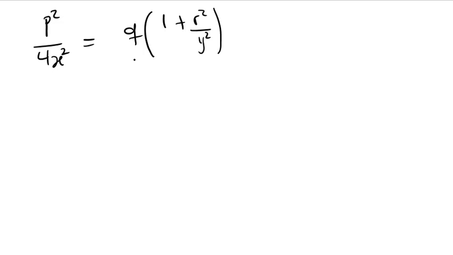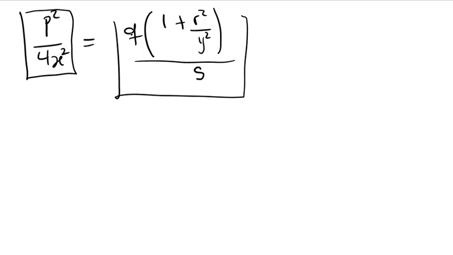So we are going to have p squared over 4x squared being equal to q multiplying 1 plus r squared over y squared, all over s. Now if you look at what we are having, you realize that we have one fraction on this side, and then another fraction on this side. So we can find the LCM, we multiply through, or we can do what we call cross multiplication.